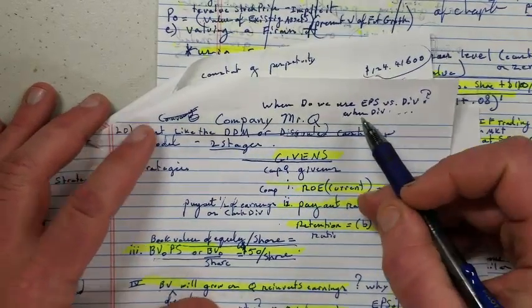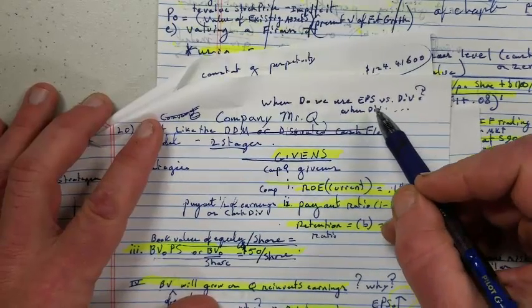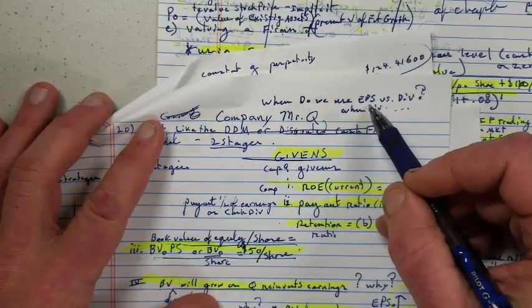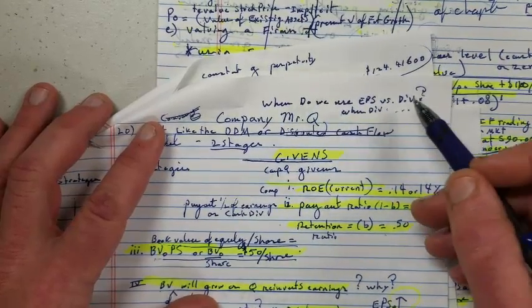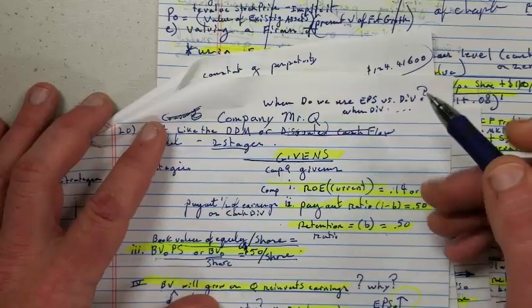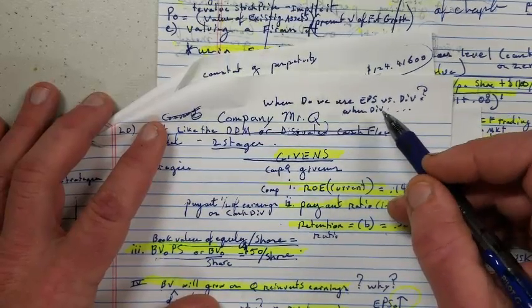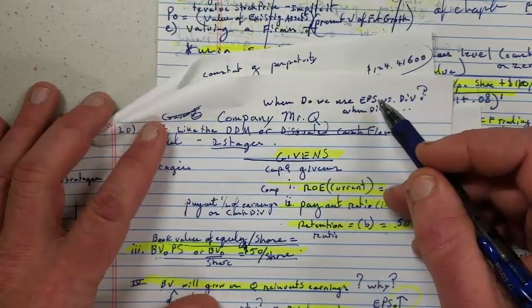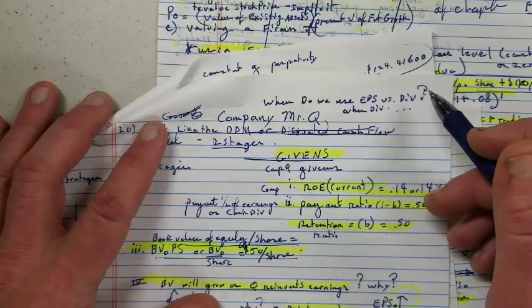So basically the very first thing we want to say is, when do we use earnings per share versus dividends? That's that link they're talking about between the stock price and the earnings per share in the PowerPoint. So we use earnings per share when there are no dividends available, okay?